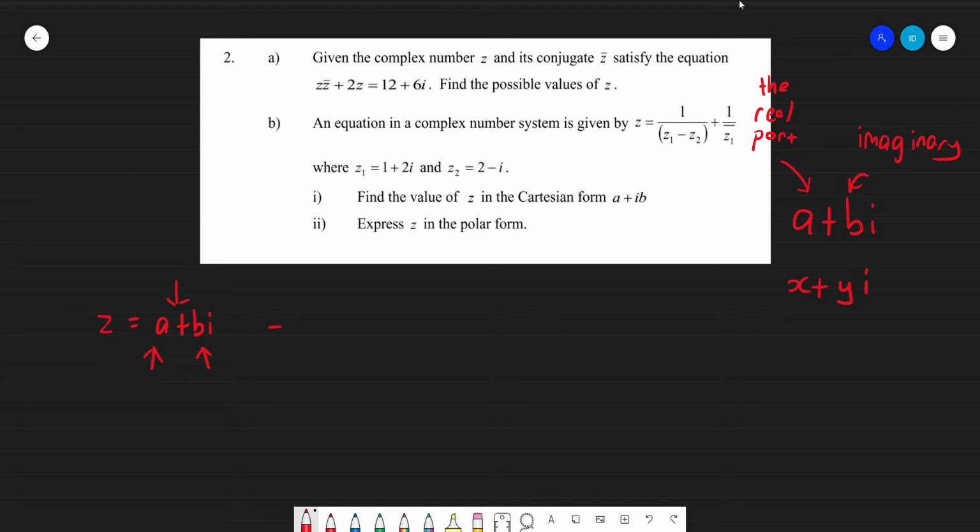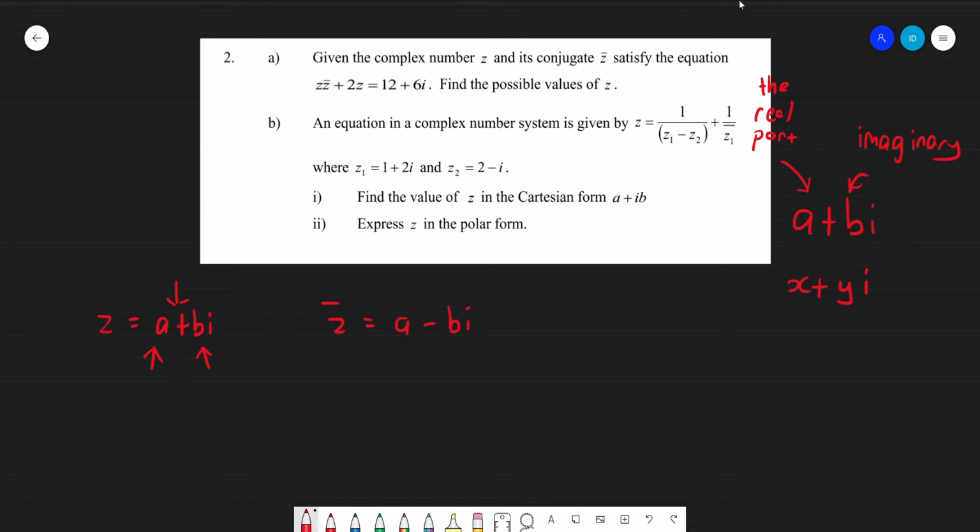So if we write down z bar, the only similarity between z bar and the normal z will be a, but the difference will be the direction of the imaginary part, so it will become minus bi or negative bi. So we will be stating that z bar is the conjugate of z. Okay, so that is how we find our conjugate.